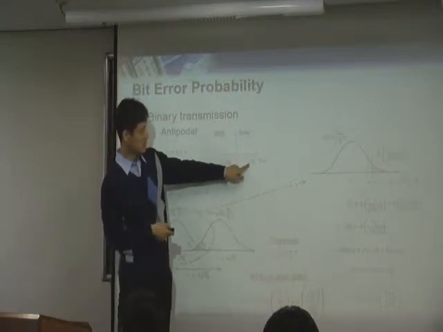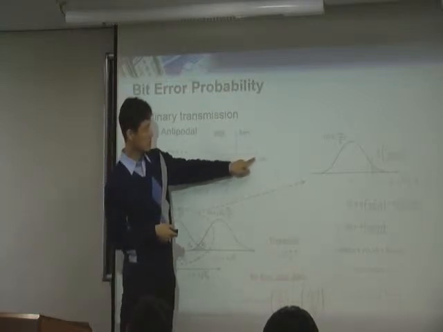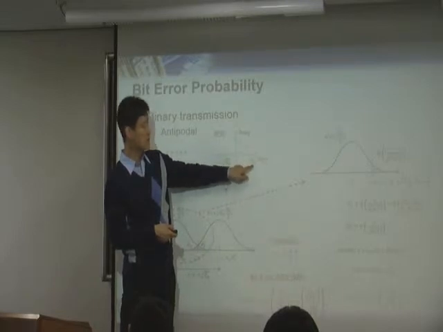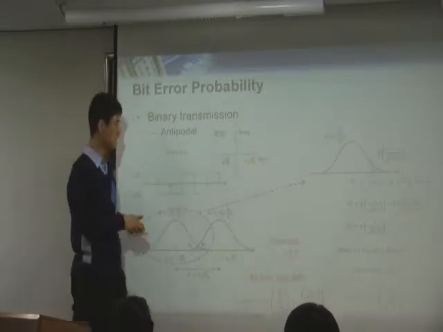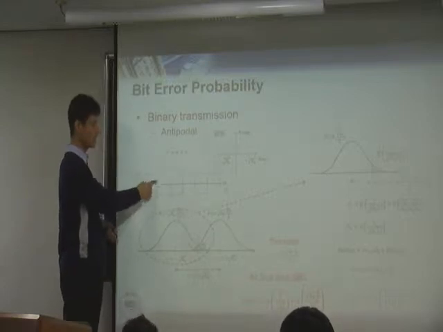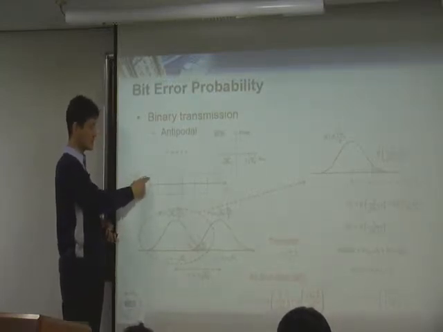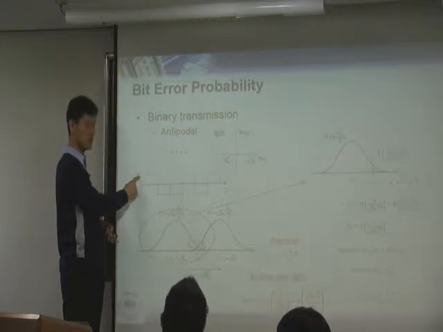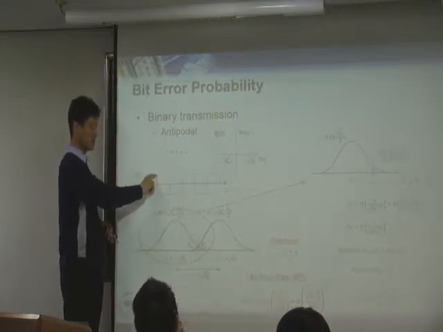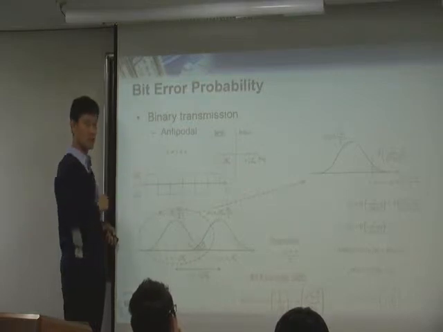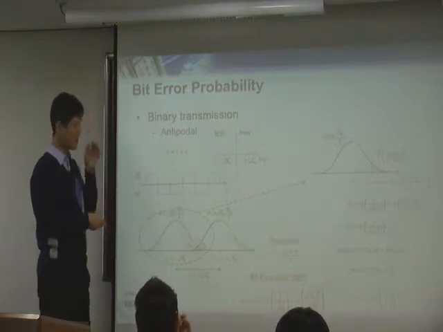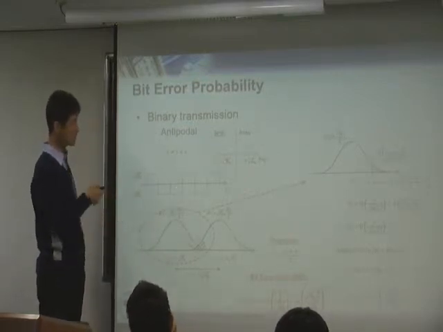Remember that you see the root square of E_b. E_b is the bit energy. Each bit has a certain energy, right? Energy is the square of the amplitude. So the amplitude is going to be the root square of E_b. So you have positive, negative, like this.